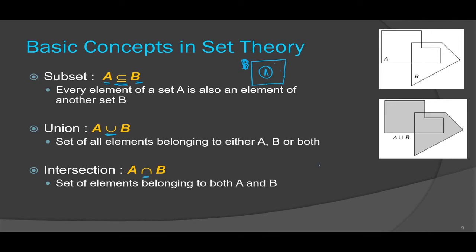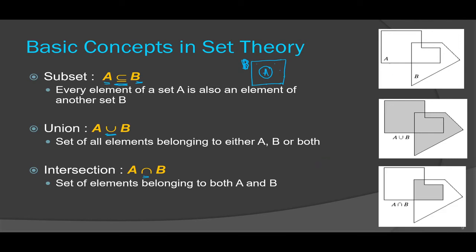Pictorially, if I have these two sets A and B, then the shaded region here gives me the intersection of A and B. That means this part is common to both A and B. If A intersection B is the empty set, then we say that these two sets A and B are mutually exclusive or disjoint.